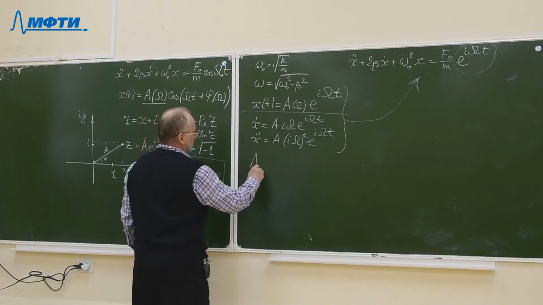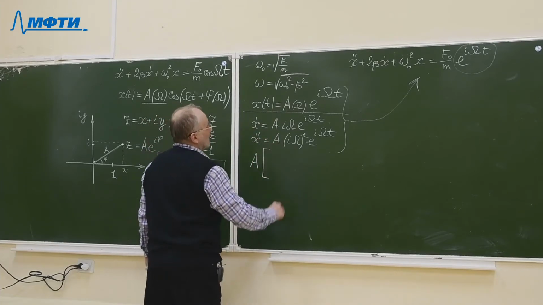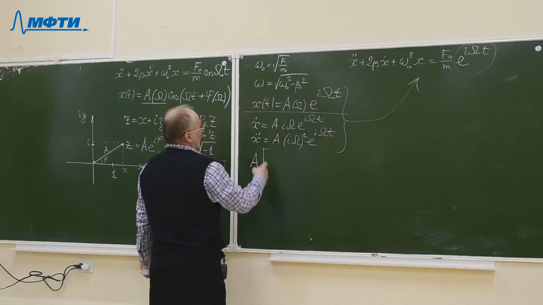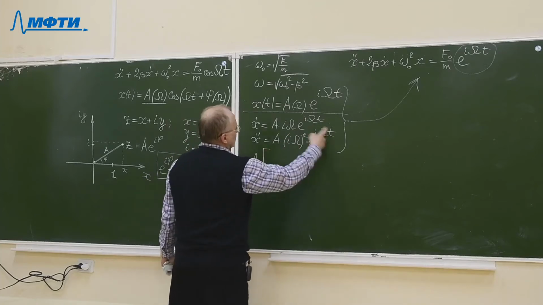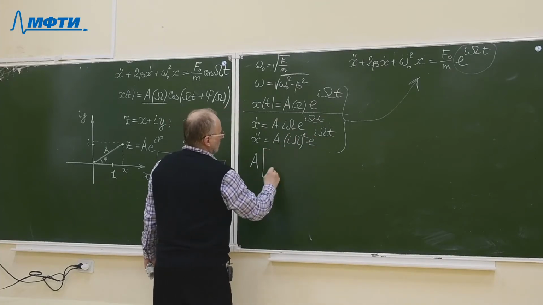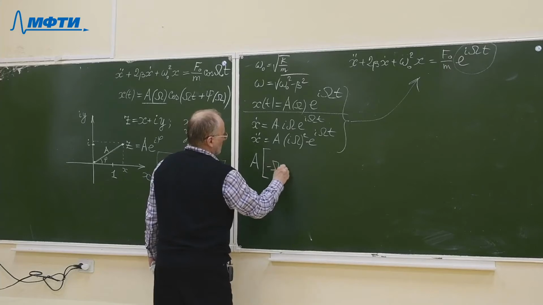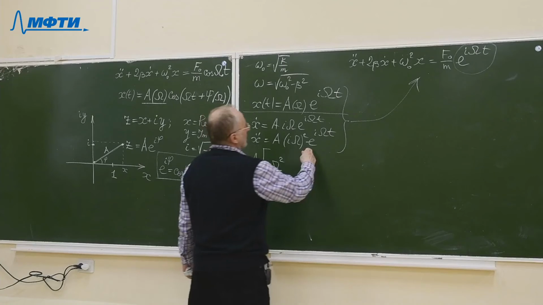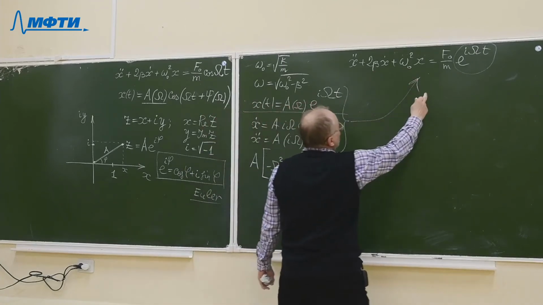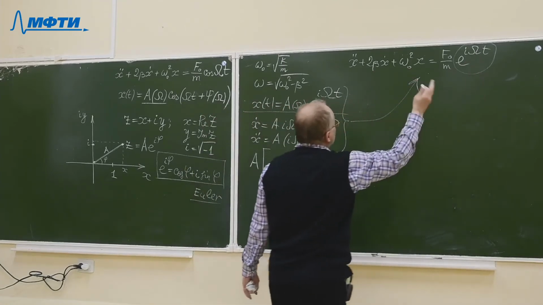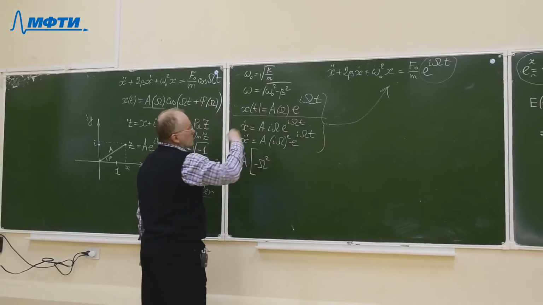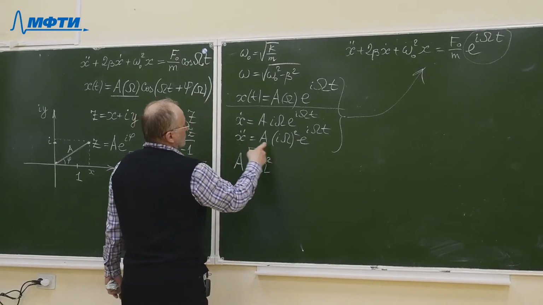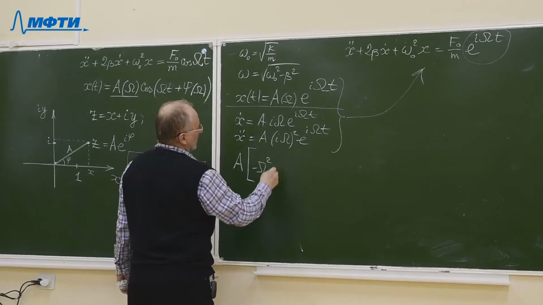So I can immediately factor a, and then inside the brackets I will have what remains after I substitute for x double dot this expression. i squared will give me minus omega squared, and this exponent will also be a factor in each term and in the right-hand side, and it will be cancelled. The exponents will cancel, and what remains of the second derivative is minus omega capital squared.